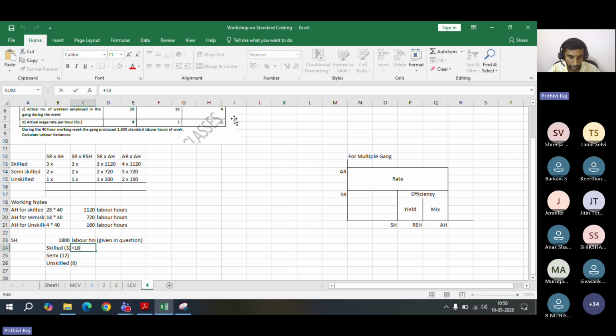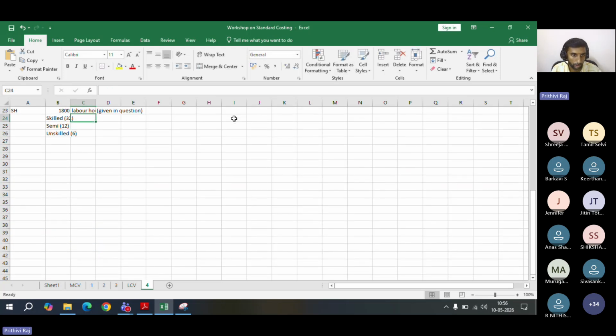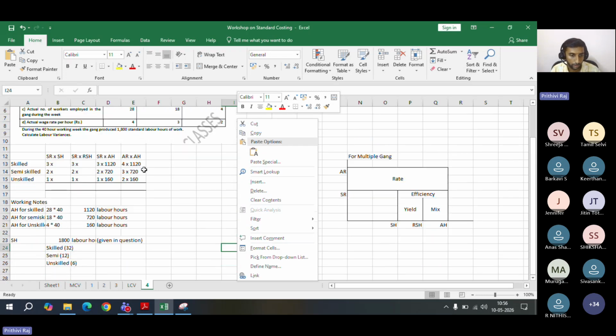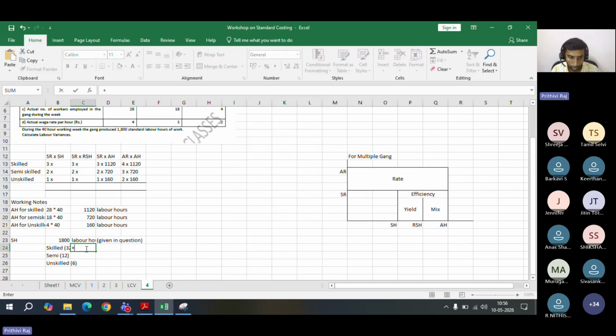So 1800 divided by 32 plus 12 plus 6, divided by 50, into, for skilled it is 32. Same ratio logic: 1152. Here it is 12.